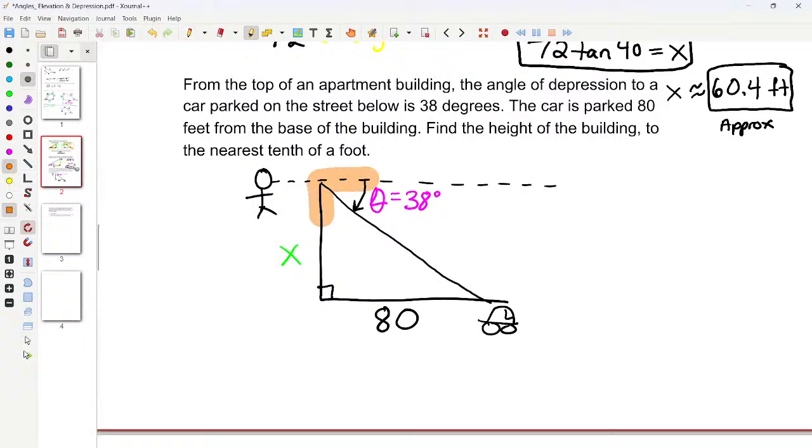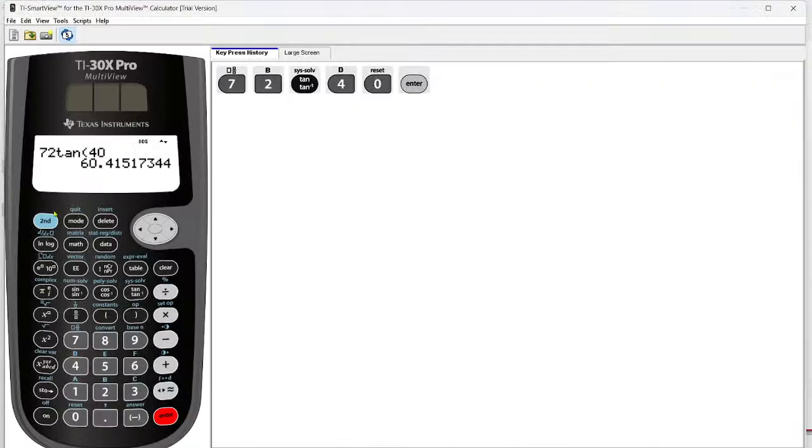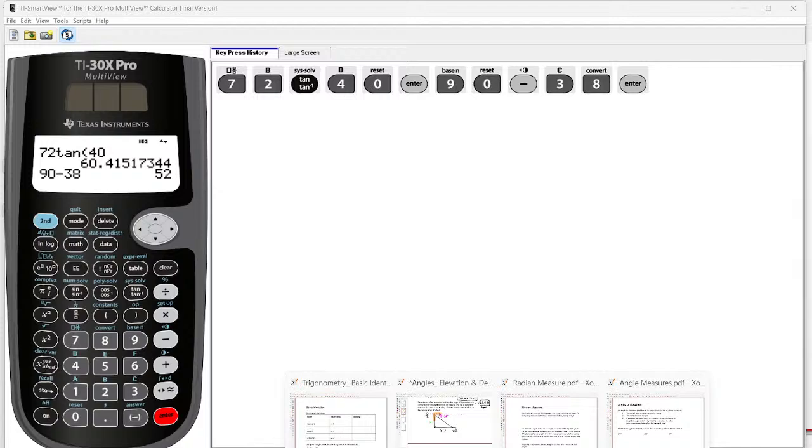What's this angle right here? 90 degrees. If part of it is 38, how might I find the other part of it? Subtract. 90 minus the part we have gives us the remaining part, 52 degrees.